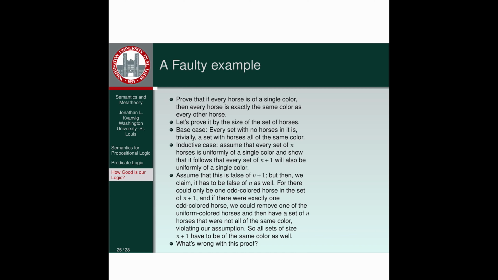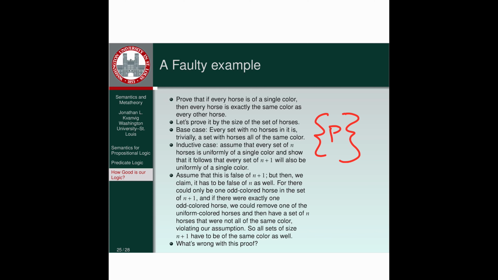But think about the move from 1 to 2. Let n be 1. The argument that I gave you was go to 2. So you've got a set, let n be 1, so let's say you've got a palomino in that set. And trivially, that's a set that has horses all of the same color, because there's only one, and that's its color.